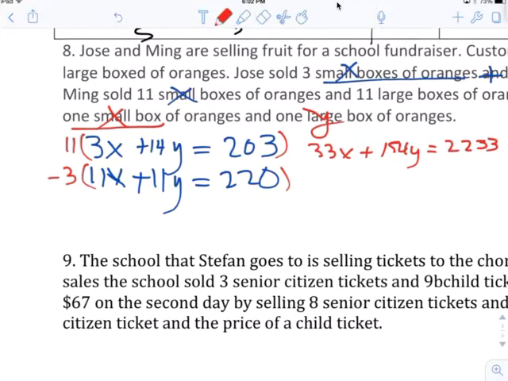Okay, and then you times this by 11, you get negative 33x. Times this by 11 also, you get negative 33y equals 220 times 11.